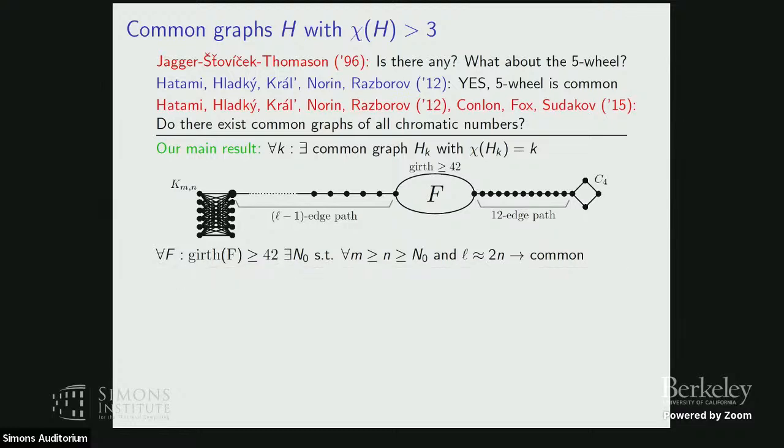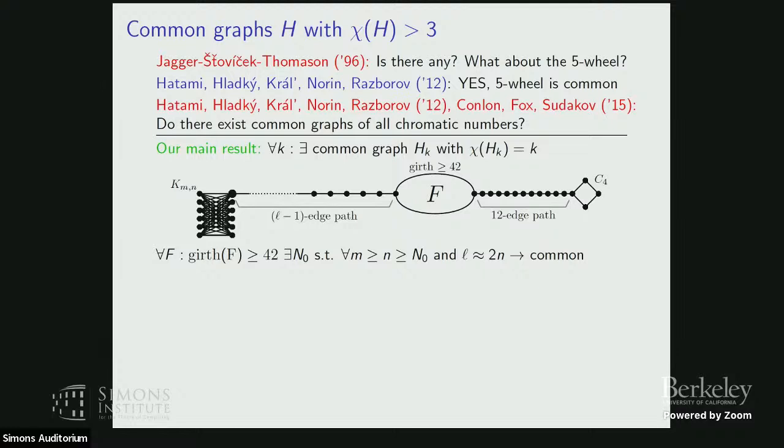I want to say something about the proof, but before I go any further, let me pause here and ask if there are some questions. Maybe you can tell us what the chromatic number of this construction is. Oh, right. So why does this statement imply what I promised?